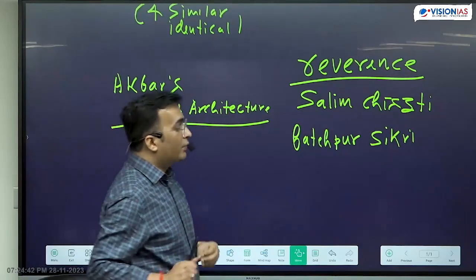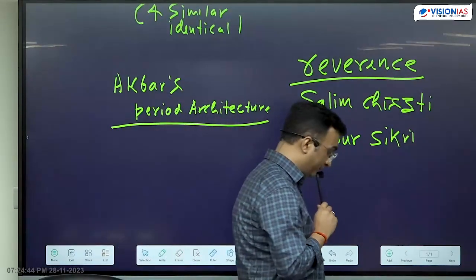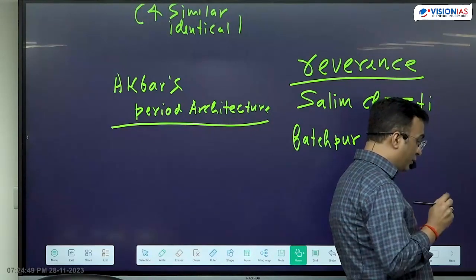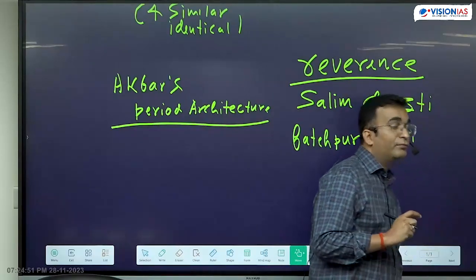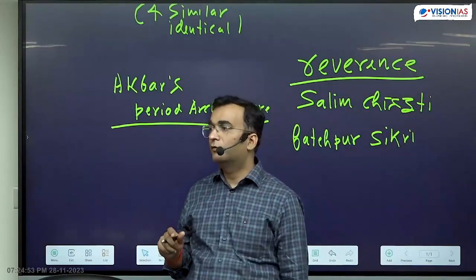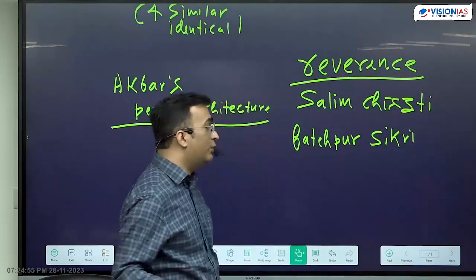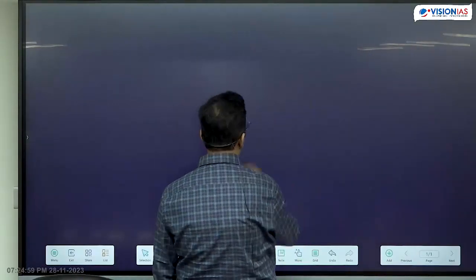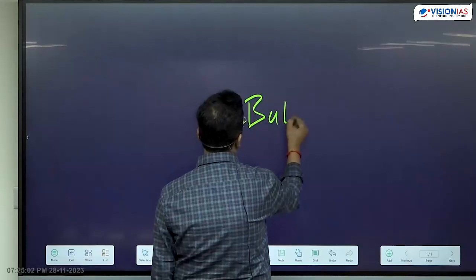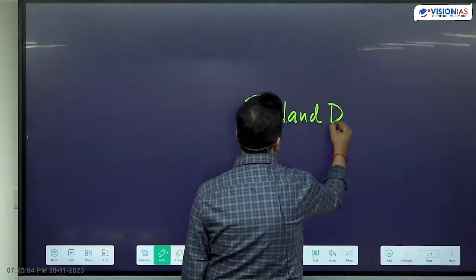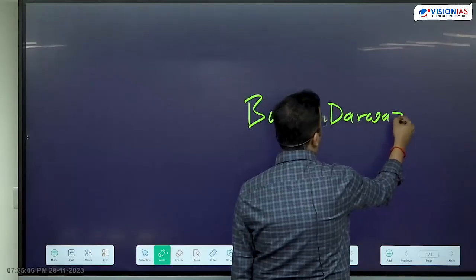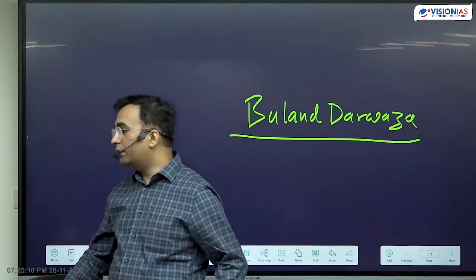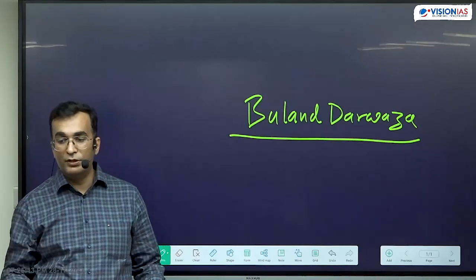Then you write, one of the marvels of Sikri town was Buland Darwaja, created after Gujarat victory of Akbar.